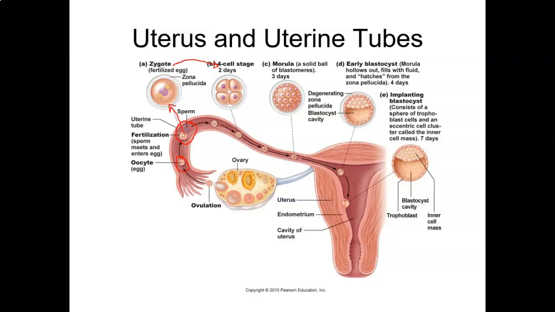That's just day 2. So in day 1, it went from 2 separate cells to 1 cell, and then it went from 1 to 2 to 4 in 2 days. The following day, it divides again. At this point, when it's a morula, it's around 16 cells in size. Something like a blackberry.